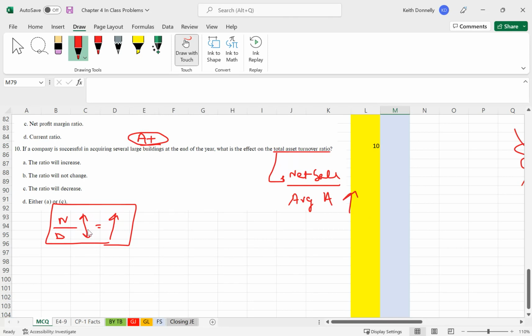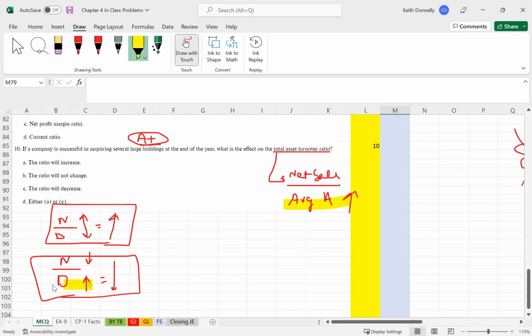So we did the opposite of over here. The opposite of this would be, instead of that going up, it goes down. Instead of this going down, it goes up. The opposite is the ratio goes down. So we had the denominator go up, which means the ratio goes down. So the answer is going to be C here.